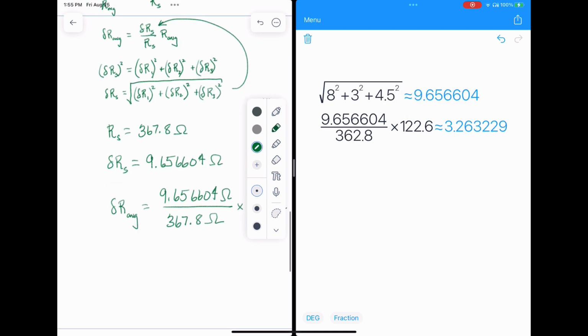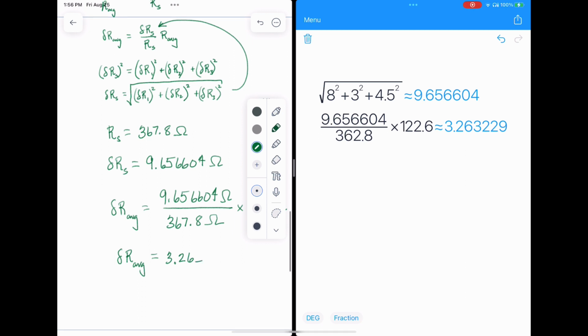There we have it. Well, there is an error in this calculation. As opposed to 362.8, it should be 367.8. So I'm actually off in the hundredths place by 4 points. I will correct that shortly.